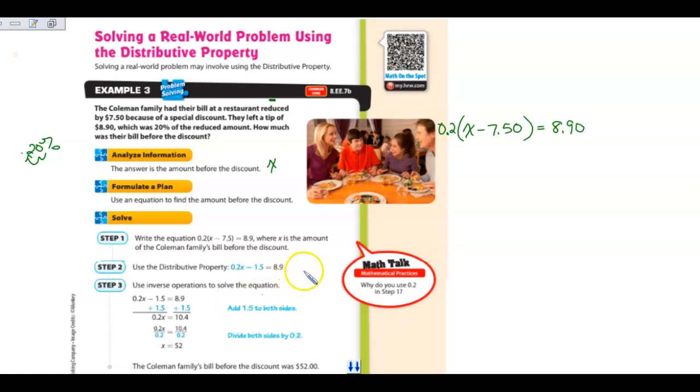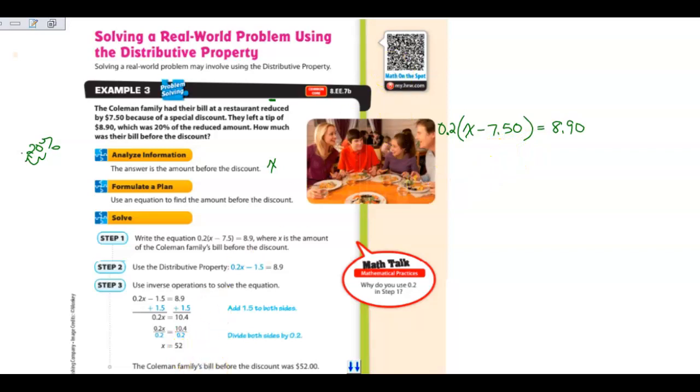Now we're ready to go ahead and distribute and solve for X. This is an occasion where you could go ahead and multiply by the least common multiple or the number of digits passed, or we could just leave it as a decimal, and I'm going to choose to leave it as a decimal this time.